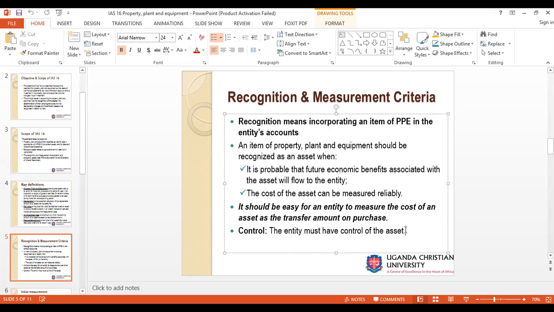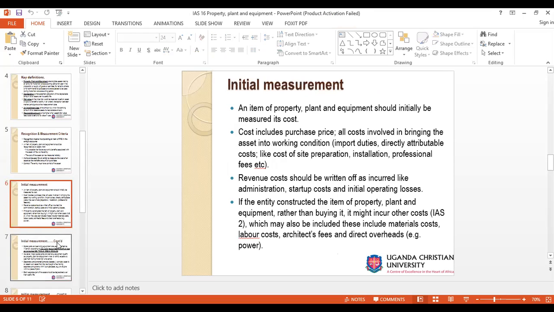So control comes from the fact that when you are an entity and you have the ability to restrict others from using your asset, then it means you are in control. That will define that item to be the asset. Yes, that is control. So you can go and look at your definitions of asset.